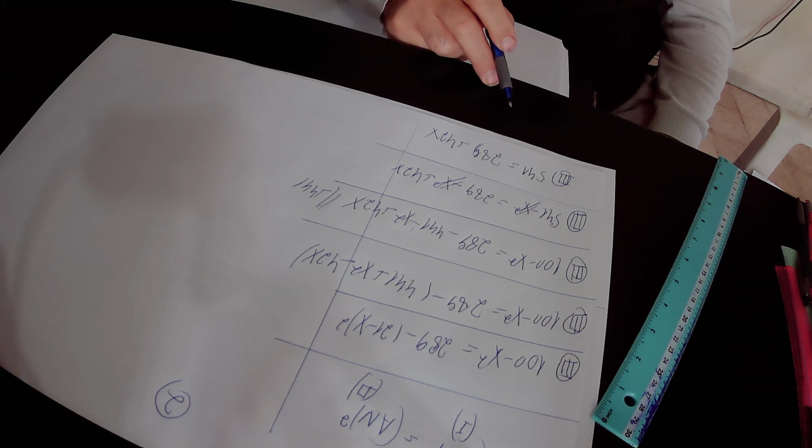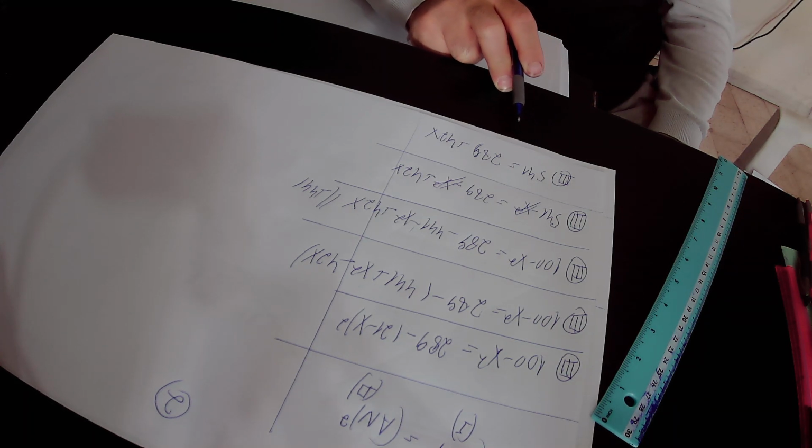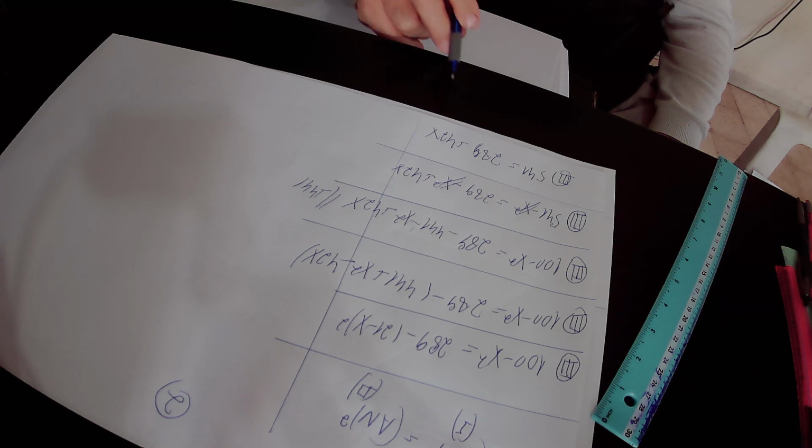So we found that 541 equals 289 plus 42x.